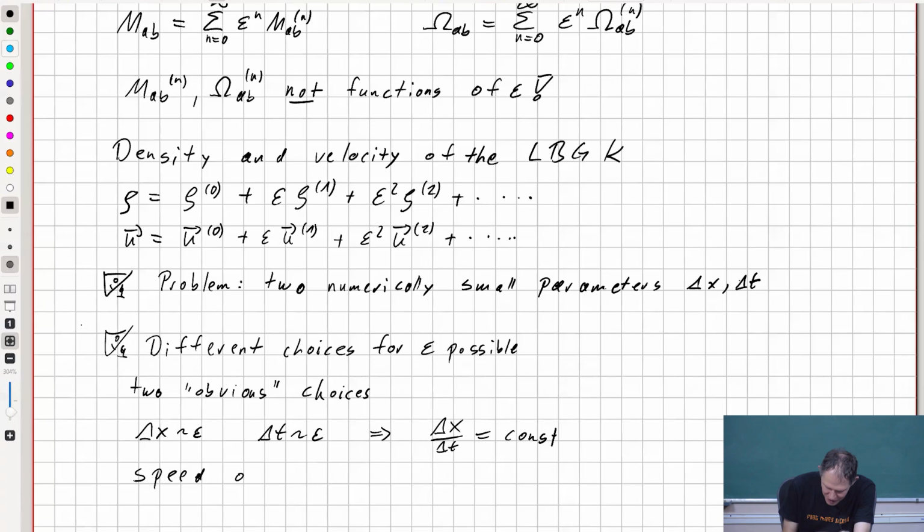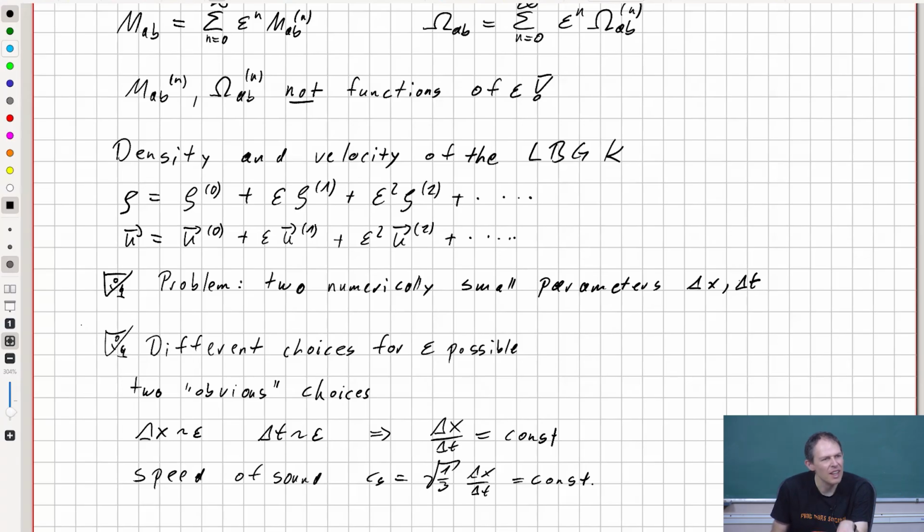So see the following. The speed of sound, Cs, is here always given as 1/3 delta x by delta t, and this is a constant. Okay?